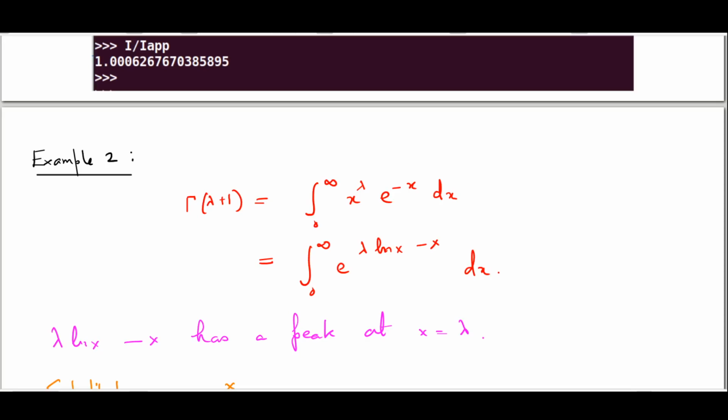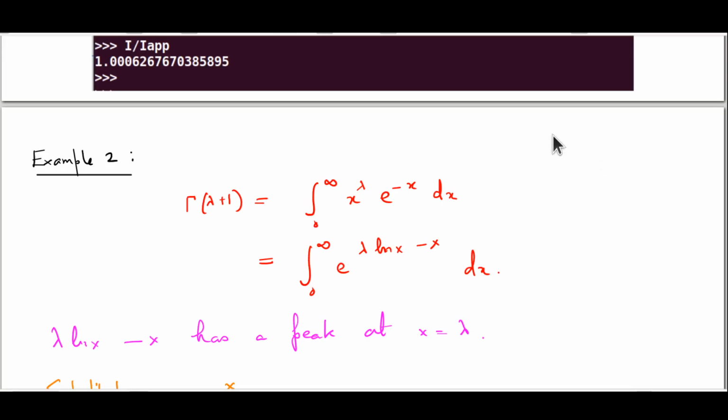And this is an estimate which you actually know pretty well. This is, of course, what we call the Stirling approximation for the factorial. So what we are trying to do here is use a steepest descent approximation to arrive at Stirling's approximation for the factorial.